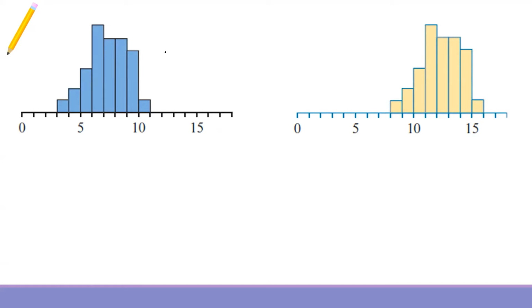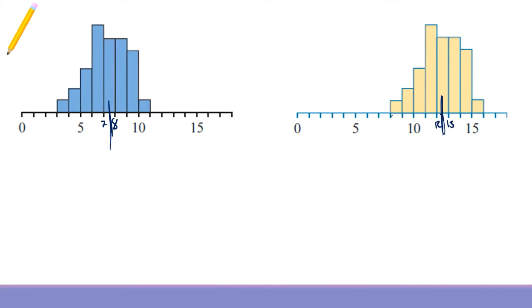The very center of this one is between 7 and 8. But the center of this one, where 7 and 8 is down here, is between 10, 11, 12, and 13. And this is a different way that you can refer to something.